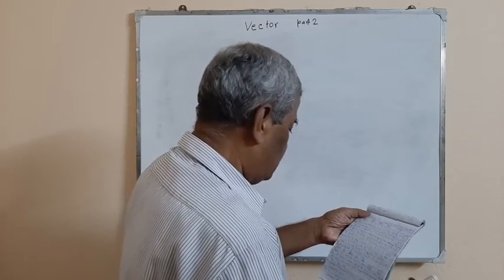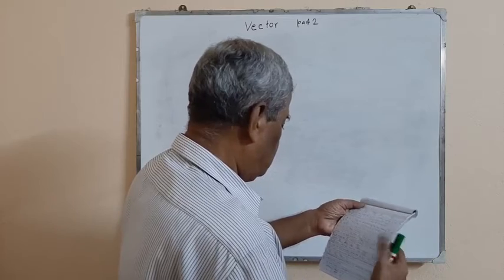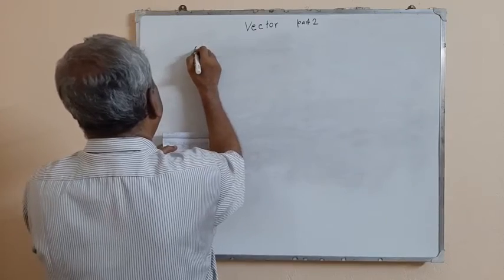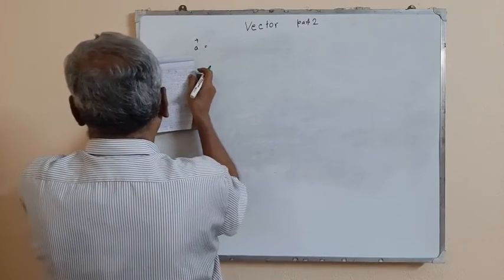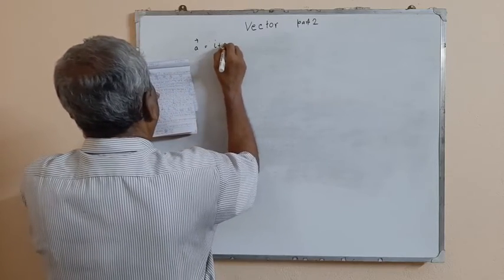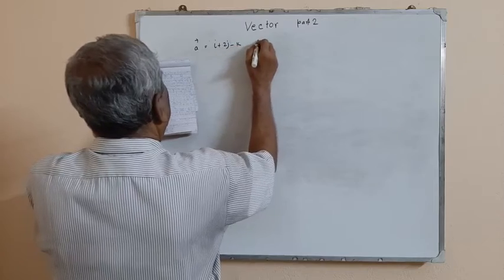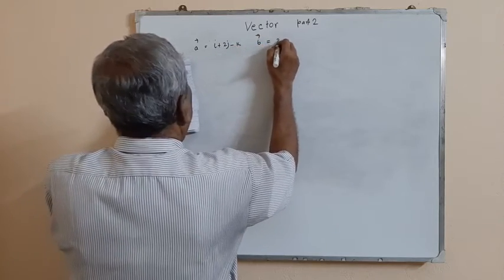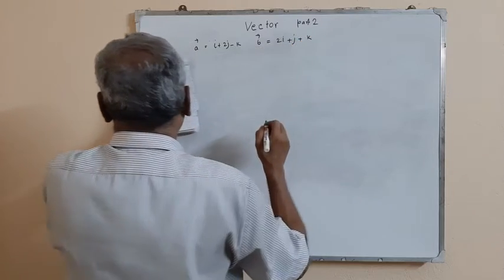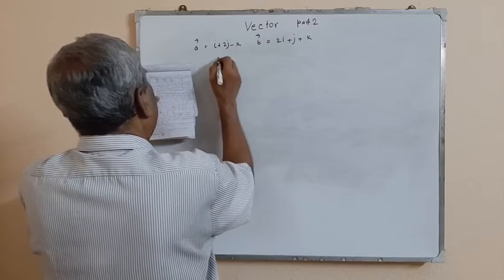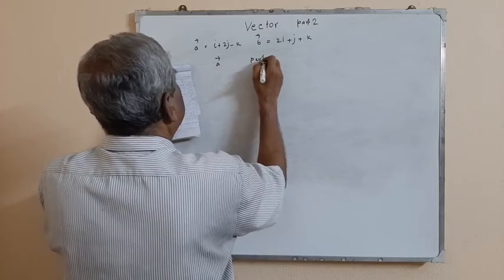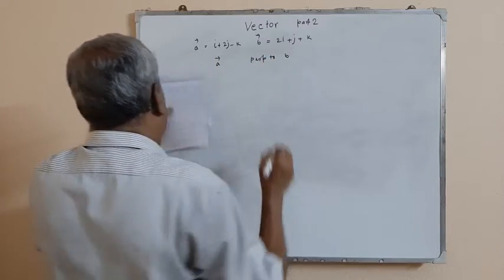Next problem is: let A be i plus 2j minus k, and B vector is equal to 2i plus j plus k. Then the component of A perpendicular to B, how much?